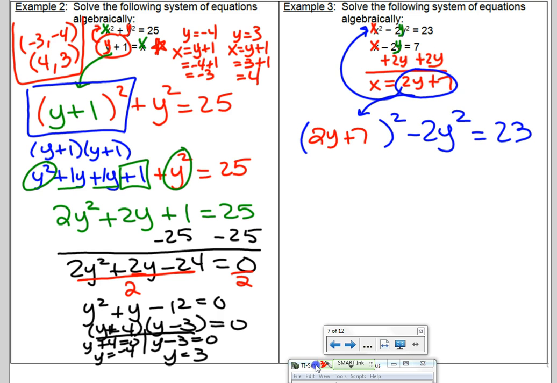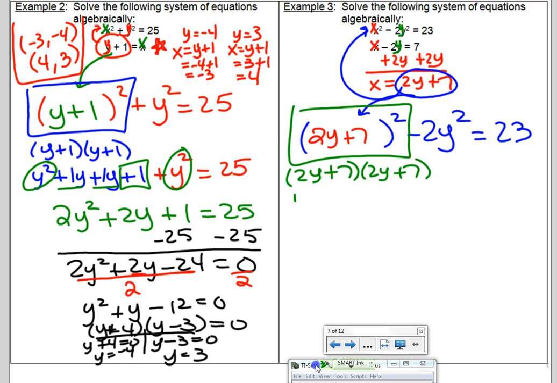Okay, so again, first off, we're going to do the power 2. And that means double distribute, which should be 4y squared plus 14y plus 14y plus 49. I still have the other part of the equation still left.